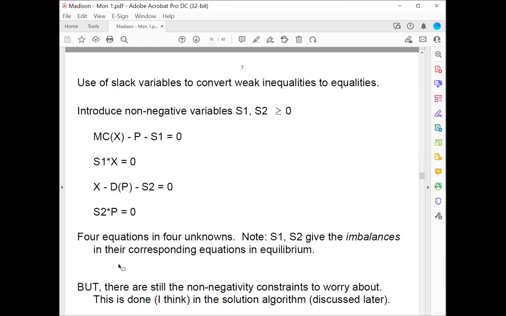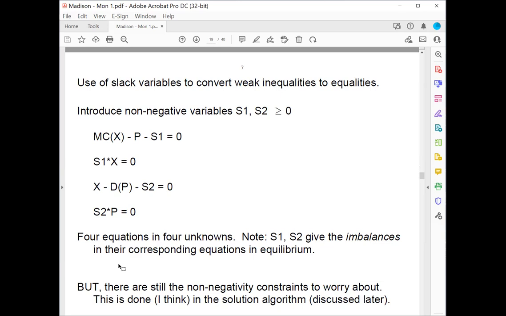So you put in these slack variables. So marginal cost minus price minus slack 1 equals 0. With the added variable, you need an added equation. The added equation is that S1 times X equals 0, meaning one of the two has to be 0.